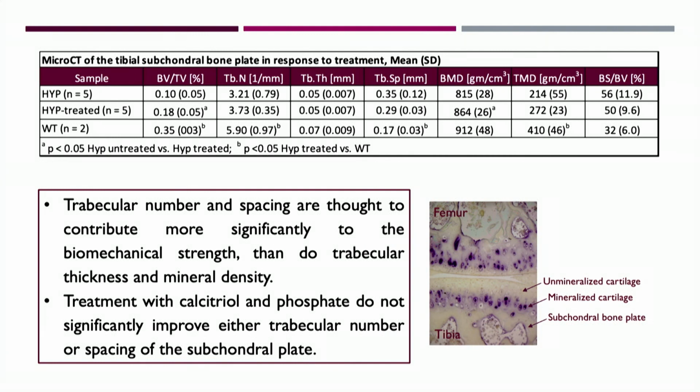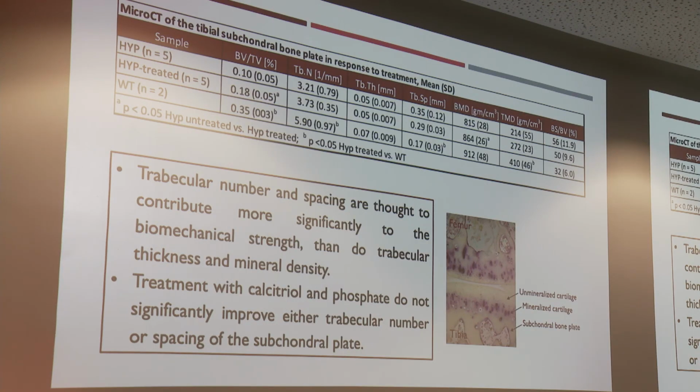So they don't improve, if you look at the chart, we see improvements in neither trabecular number or spacing. So the impact that we're seeing with therapy can't be explained by an improvement of the subchondral bone plate, but can simply be attributed to the restoration of that narrow zone of mineralized cartilage.